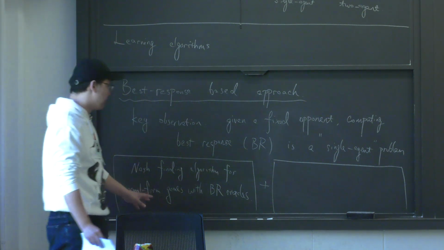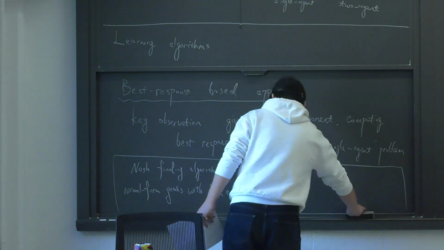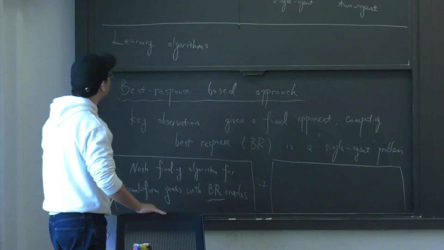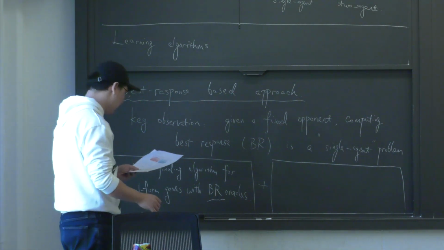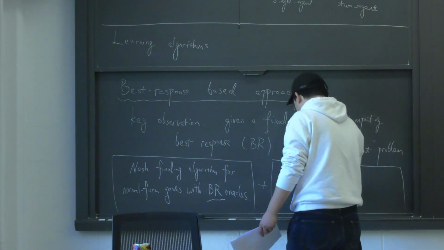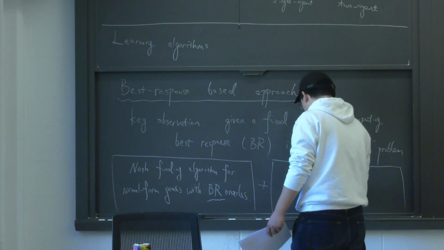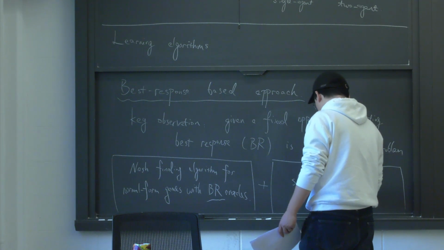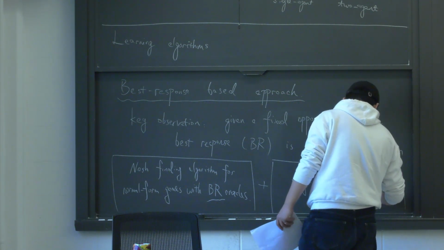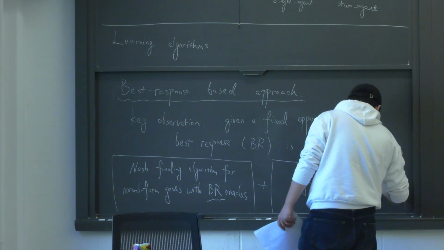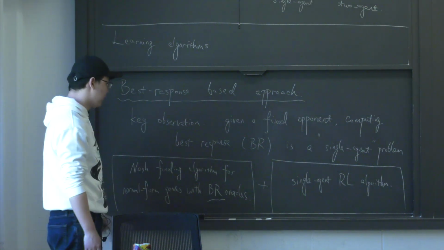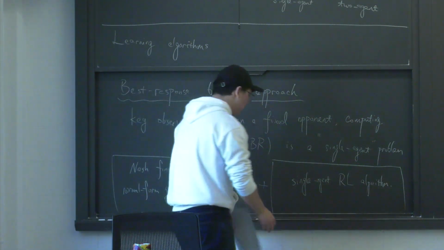As long as we have this algorithm, we can just use the best response. And for multi-agent reinforcement learning, one heuristic is that we can just use a single agent reinforcement learning algorithm to compute the best response.